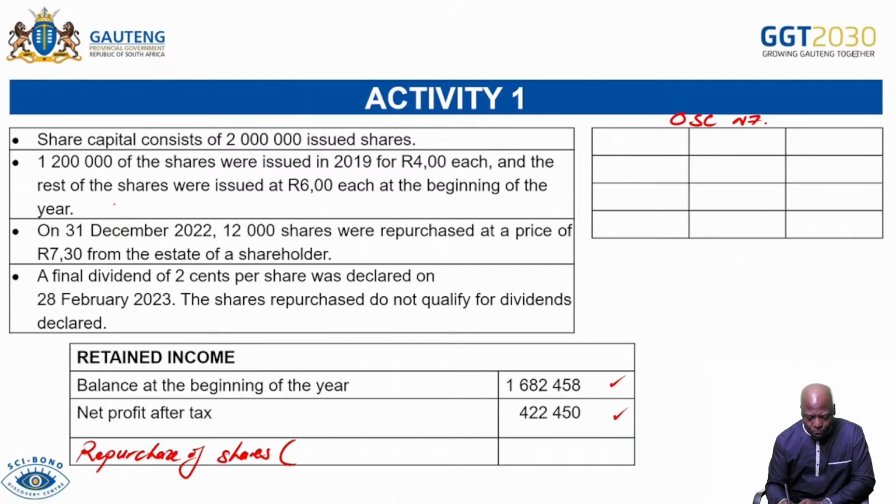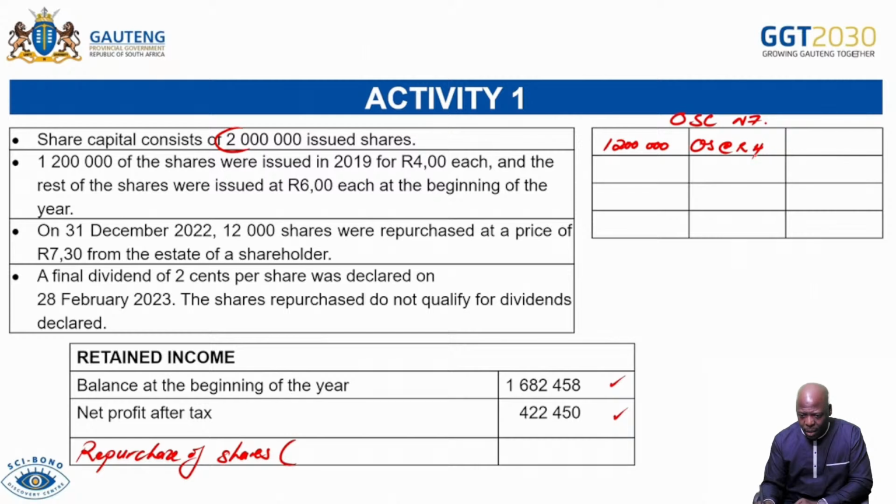So I can say, of the 2 million that is in issue, 1.2 million were issued in 2019, and these were ordinary shares issued at 4 rand each.